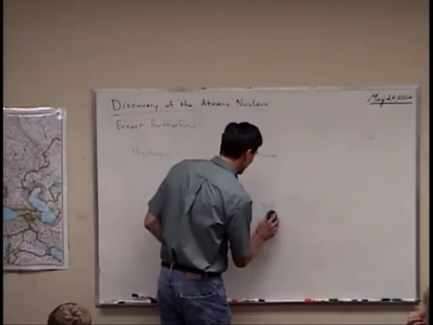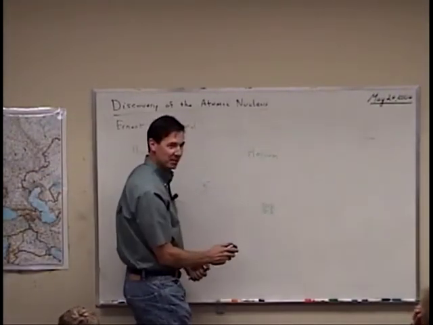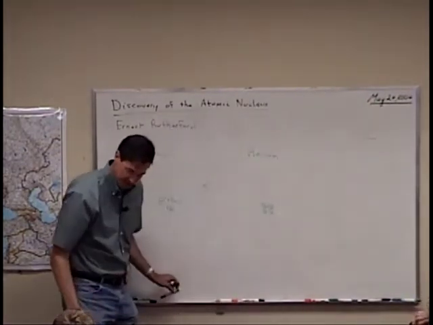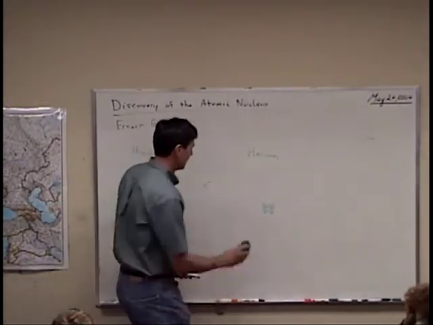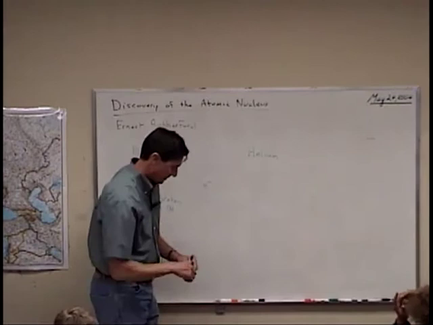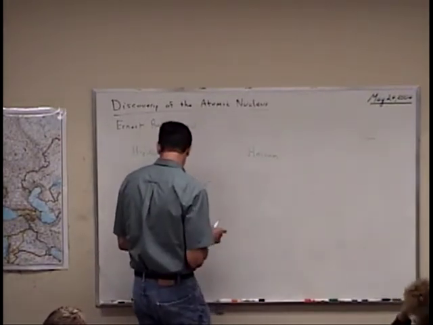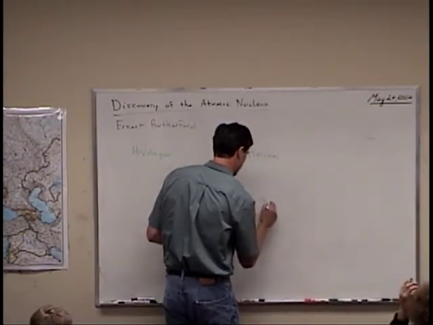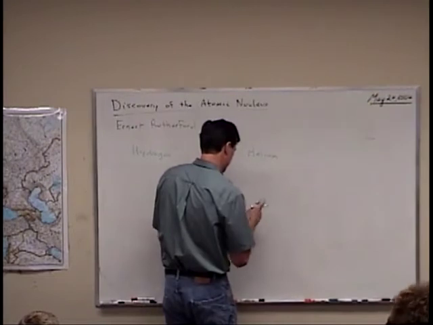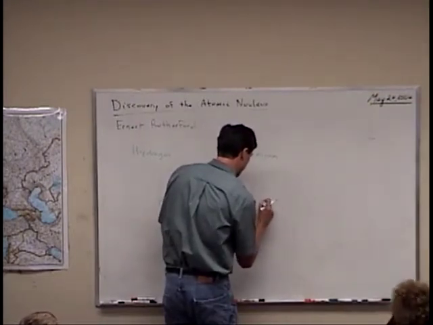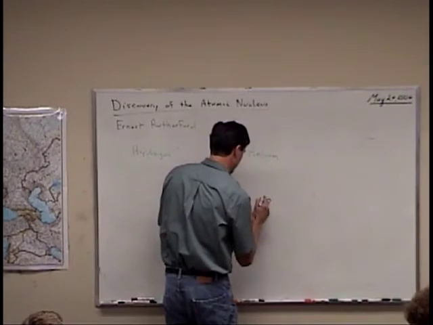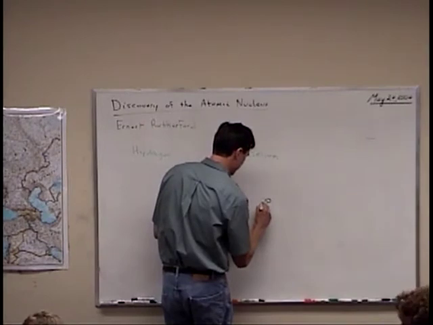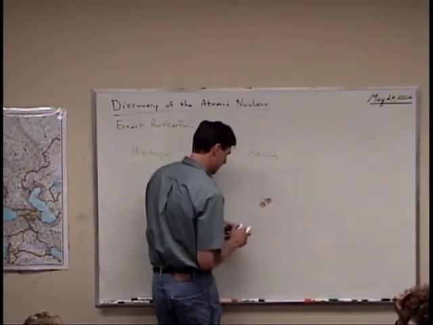Okay, so what a helium nucleus actually consists of is, let's actually do this in different colors. I'm going to switch to doing protons in red now and neutrons in green.